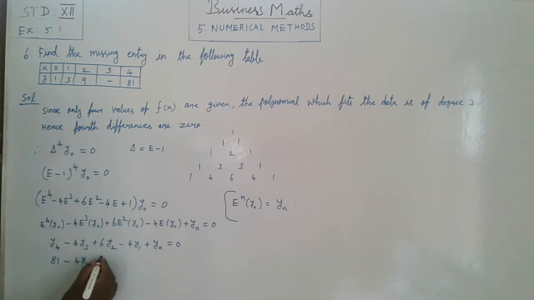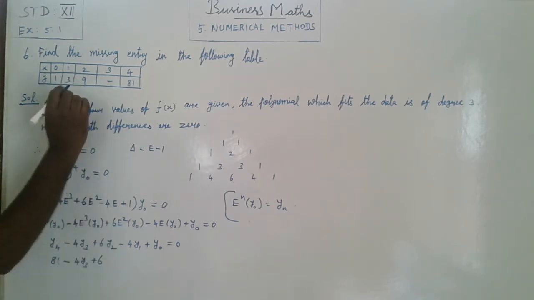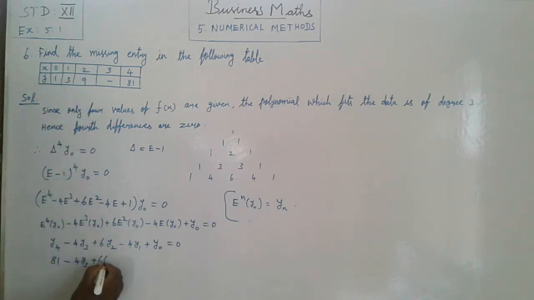Next plus 6 into y2 value, 9, into 9, minus 4 into y1 value 3, plus y0 value 1 equal to 0. So 81 minus 4y3, 6 9s are 54, plus 54, 4 3s are 12, minus 12 plus 1 equal to 0.